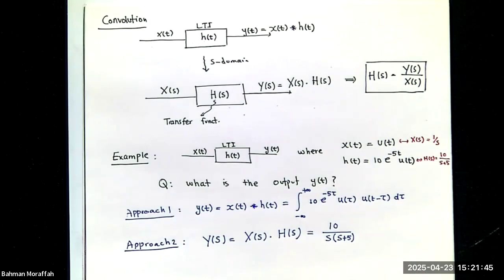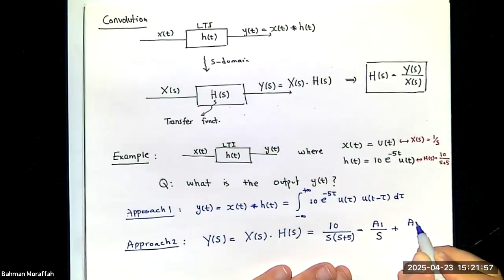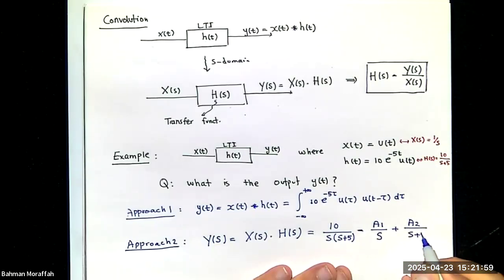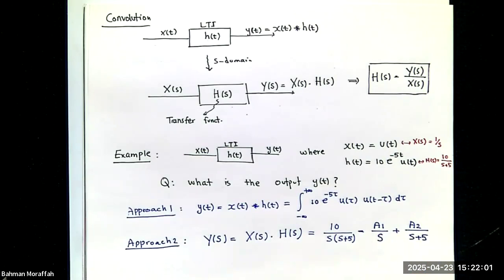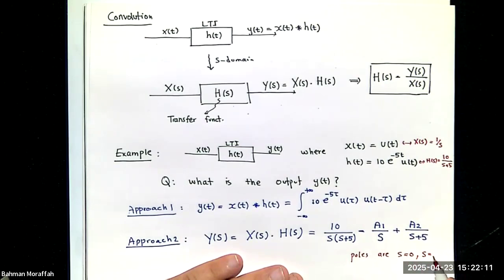Now I know how to find y of t. How? I do the partial fraction decomposition. I know I can write y of s as some a1 divided by s plus a2 divided by s plus 5. This y of s is proper. I know the poles are happening at s equals 0 and s equals negative 5.